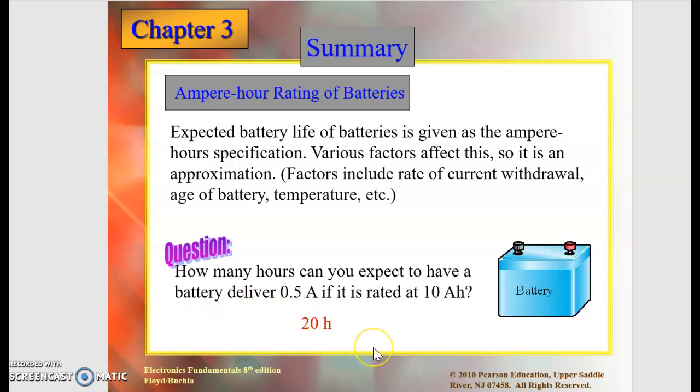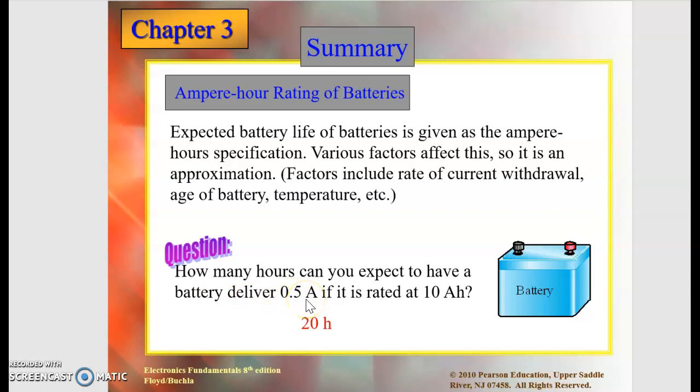In this example, we have a 10 amp hour battery that is rated at that, and it says how many hours it is going to supply a constant current of 0.5.